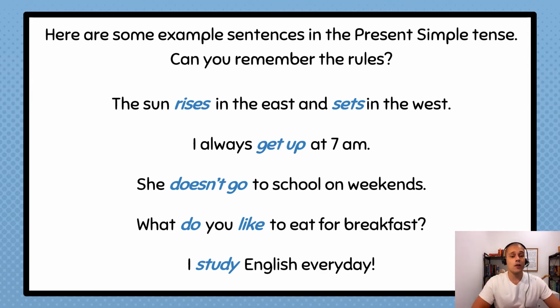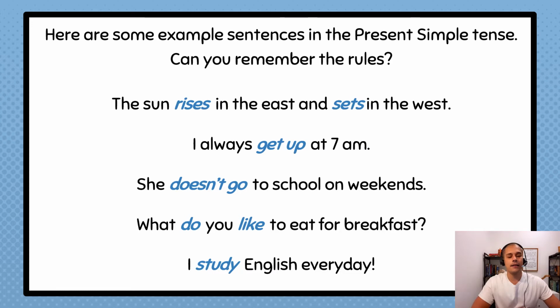And in a question, the auxiliary verb goes before the subject of the sentence, like in here. What do you like to eat for breakfast? So notice that do is before you. You is the subject of the sentence. And in the previous example, we have she doesn't. Okay, so the auxiliary after the subject, she.